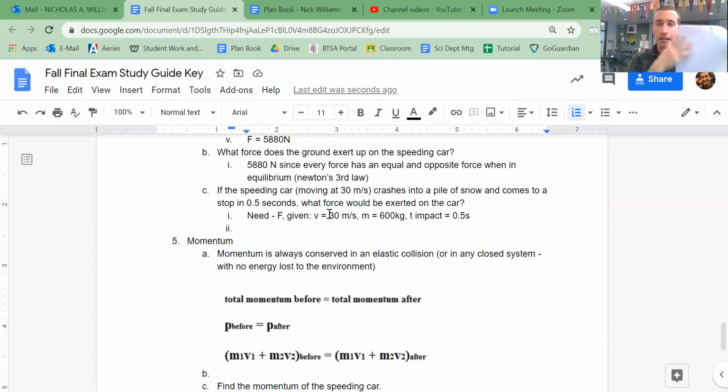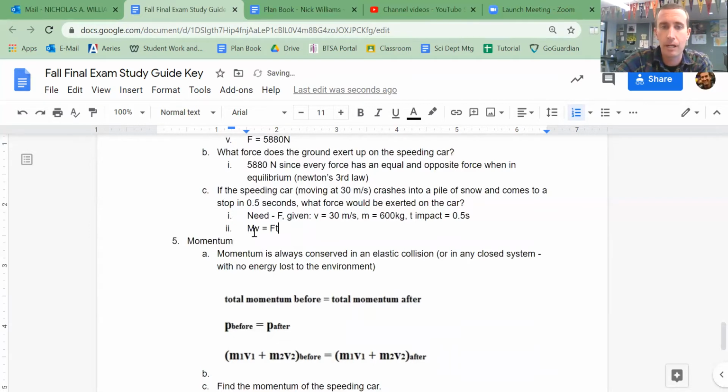Okay, so now I need an equation that has force, velocity, mass, and time in it. If I check on my physics everything sheet and go back a page, aha, I have either the equation for force is mass times acceleration, and I could find acceleration by doing velocity over time of impact, or the one that I'm going to choose to use is my momentum impulse equation, mv equals Ft.